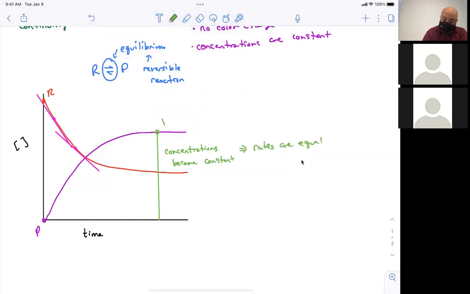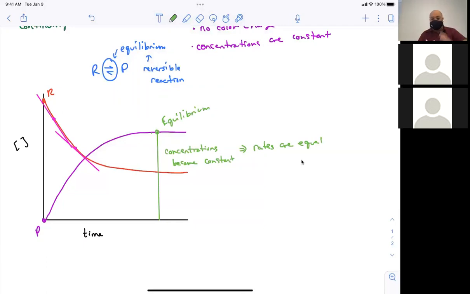And at this point, we would define this as having reached equilibrium, okay? And so if you're looking at the concentration graph where they become constant, where they become horizontal lines, that tells you that the rate is equal because you're producing the same amount of products from reactants as reactants from products.